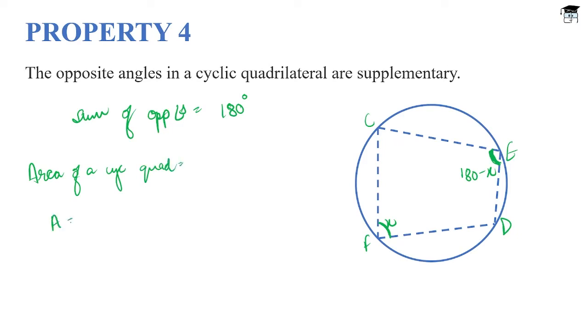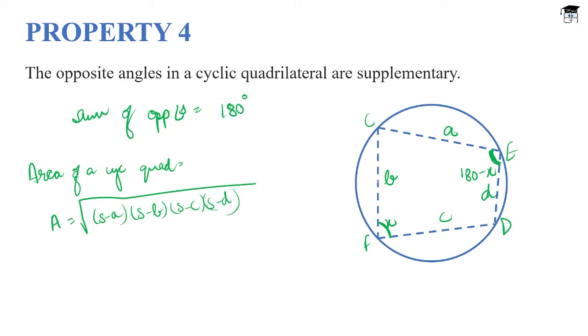Area is equal to under root of S minus A into S minus B into S minus C into S minus D. You can say that this length is A, this length is B, this length is C and this length is D. So A, B, C, D are the lengths of the cyclic quadrilateral.